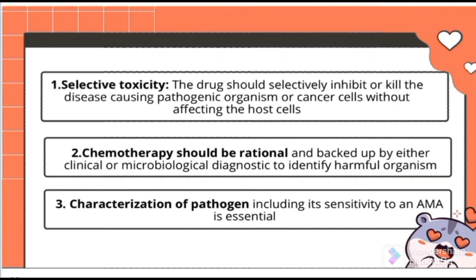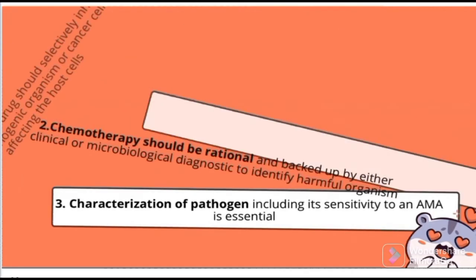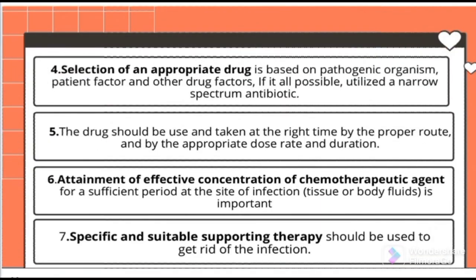Also, characterization of the pathogen, including its sensitivity to an antimicrobial agent, is important. The selection of an appropriate drug is also important to have successful chemotherapy. The drug should be taken at the right time, by the right route, and at the appropriate dose rate to ensure the effectiveness of the antimicrobial agent.